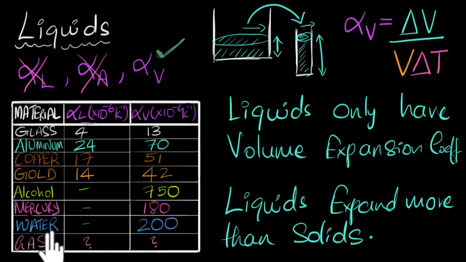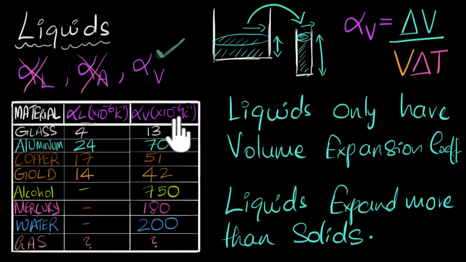All right, so let's look at water, for example. It tells us the expansion coefficient is 200 times 10 to the minus 6 Kelvin inverse. What does that mean? What that means is if you take, say, 1 liter of water, visualize this, take 1 liter of water and you increase its temperature by 1 Kelvin, that's why the per Kelvin, then the delta V, the change in volume, would be 200 times 10 power minus 6 liters.